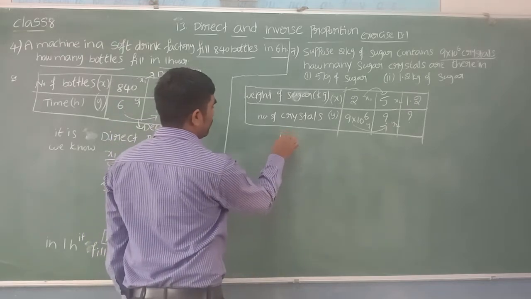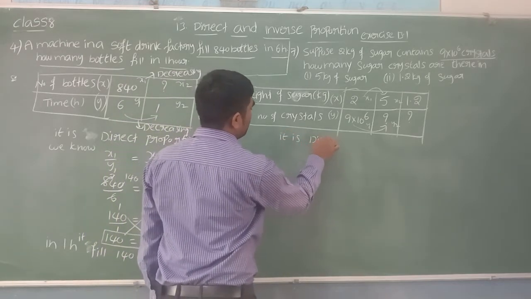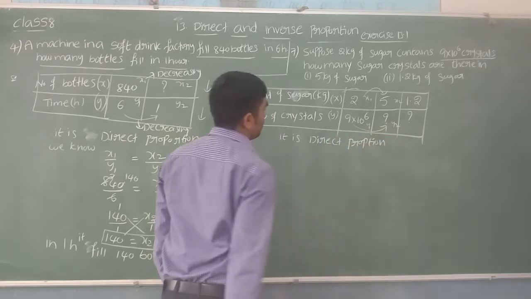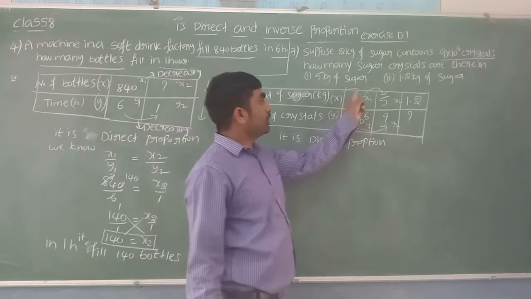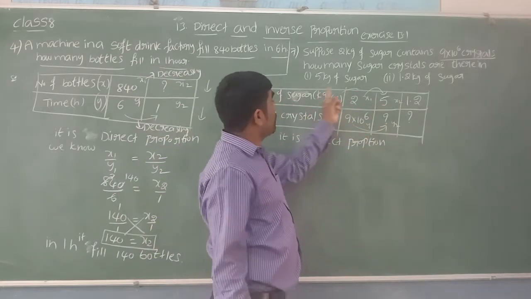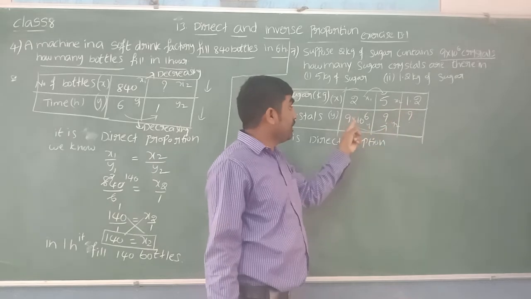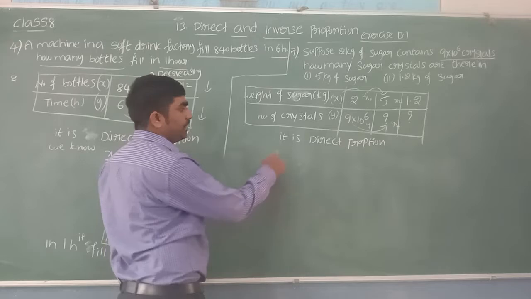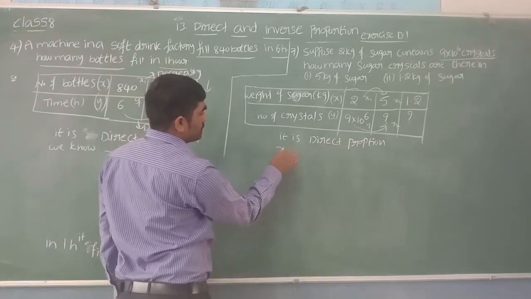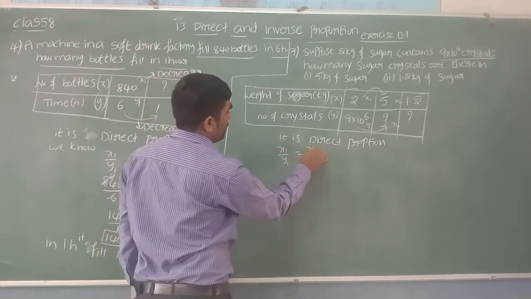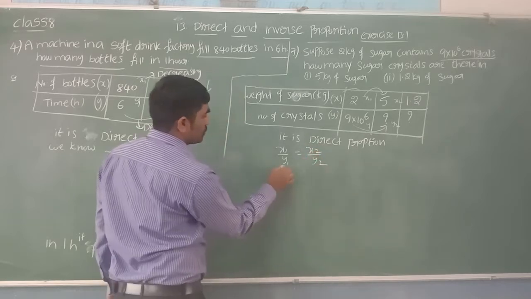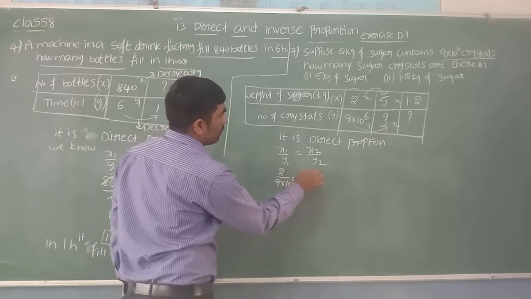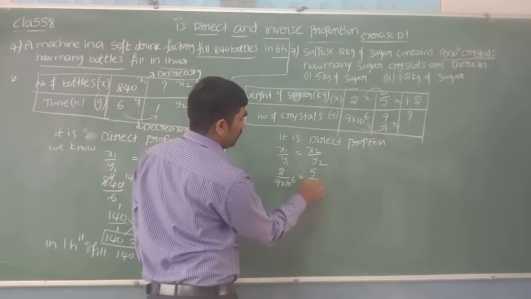So we can write it is direct proportion, because both quantities are increased. When the sugar quantity is increasing, automatically the number of crystals also increases. So their corresponding values ratio remains the same. So 2 by 9 into 10 power 6 is equal to x2 by y2, that is 5 by y2.